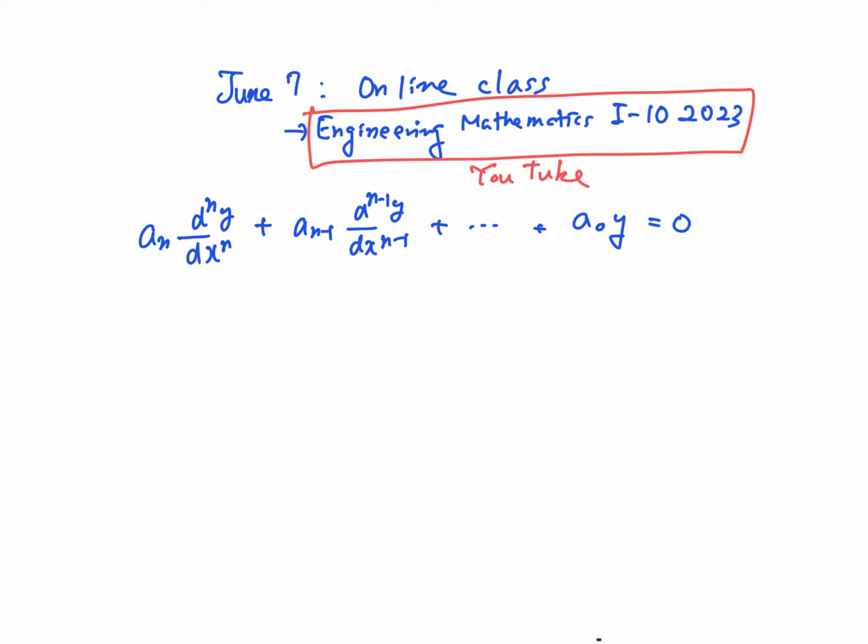So particularly this equation is called linear, actually, because on the right side is 0, we say homogeneous.